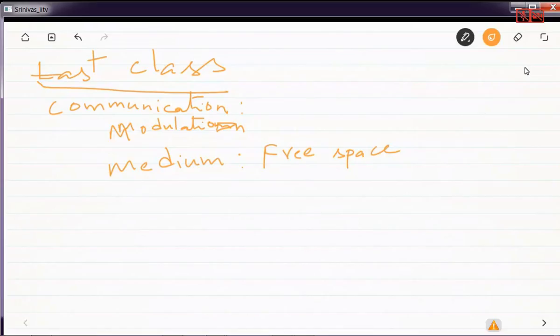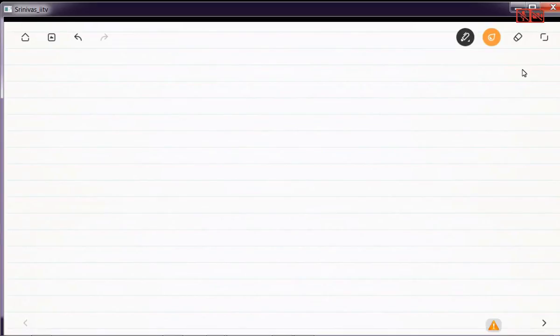Now let us go back to one of the definitions. We also defined something called modulation, right? What did we define about modulation?